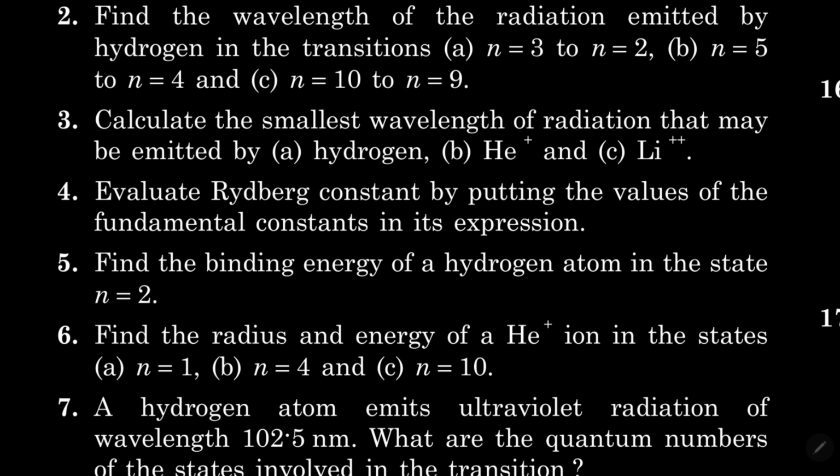In question 3, we need to calculate the smallest wavelength of radiation that may be emitted by hydrogen, then helium ion, and then lithium ion. So this is the third one.